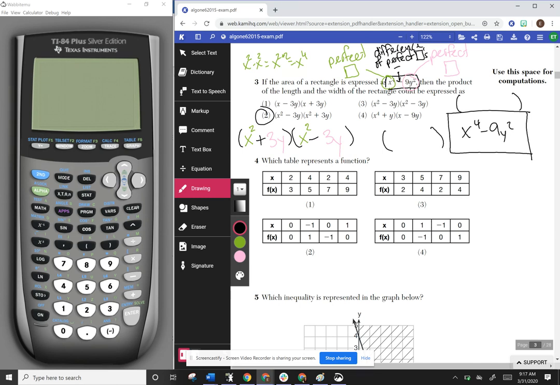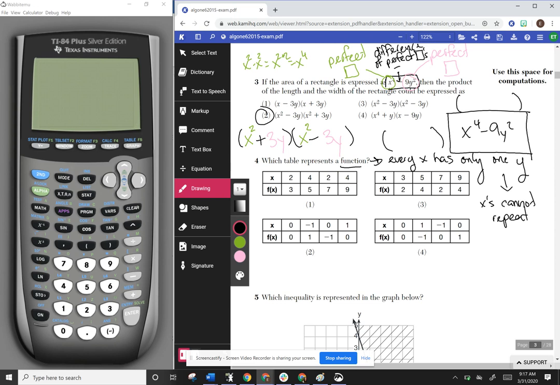Okay, question number 4, which table represents a function? So we know a function is when every x has only one y. And a trick for this is that the x's cannot repeat.